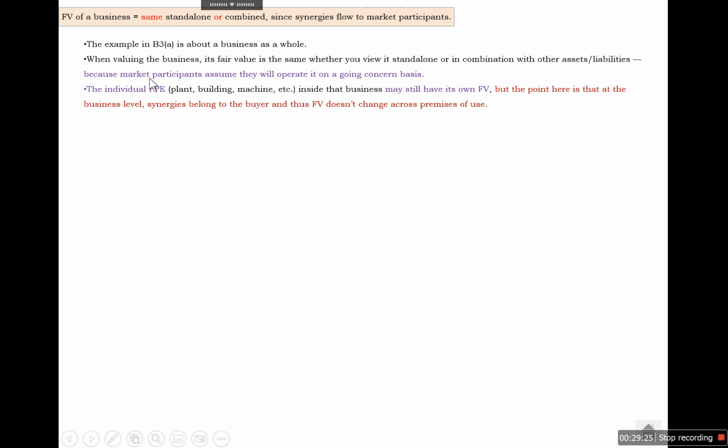Let's see in detail. When we are valuing the business, its fair value is the same whether you view it as standalone or in combination with other assets and liabilities. Because the market participant, when evaluating, will think it is going to be a going concern, they are going to earn money.